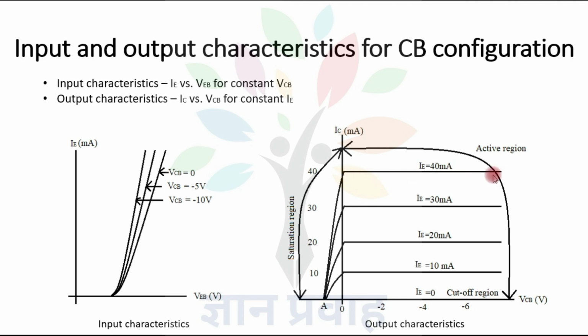So these curves are straight lines here in the active region. And the third region is the saturation region. In the saturation region, both the junctions are operating in forward bias.